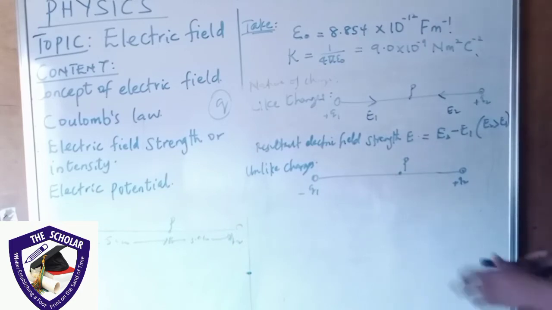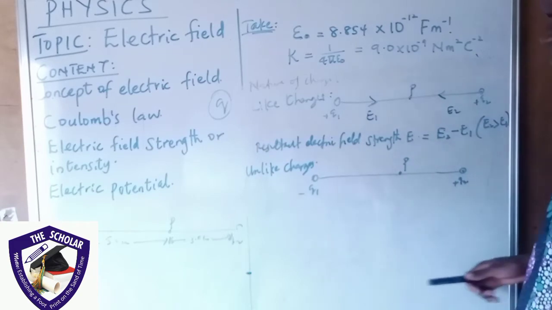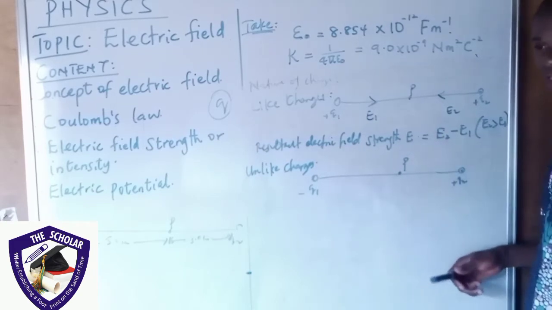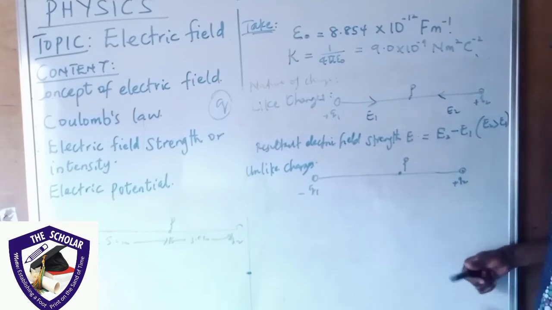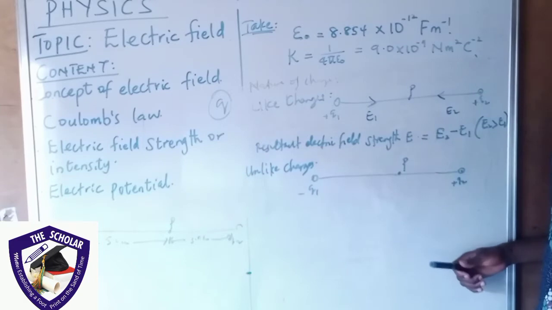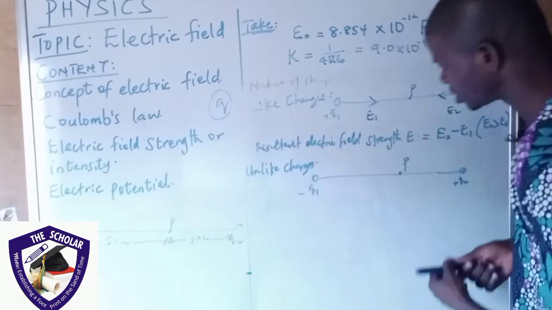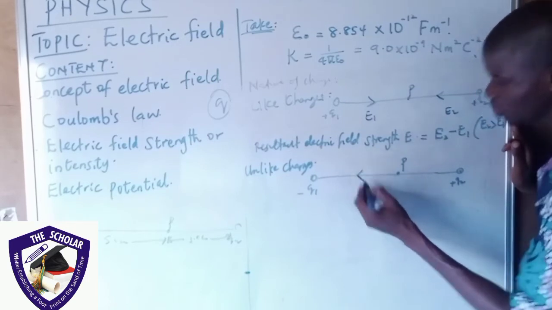In this case, let's start with our negative charge, Q1. Just like we said earlier, for a neutral body at the point here, you take a test charge of positive. So because this is positive and this is negative, attraction will take place. So P will be attracted to Q1.